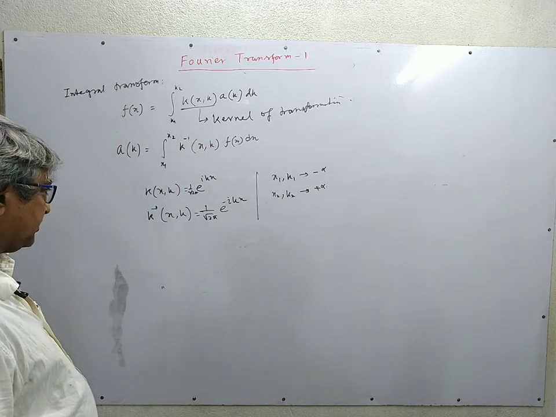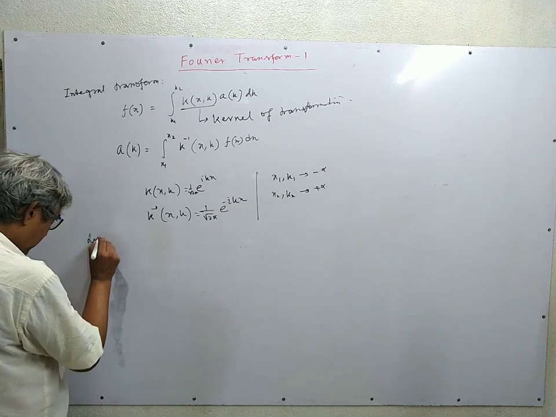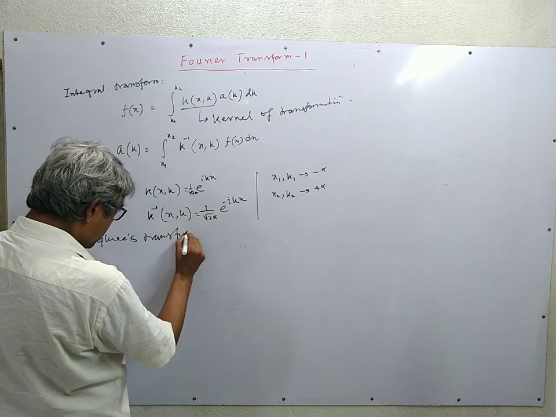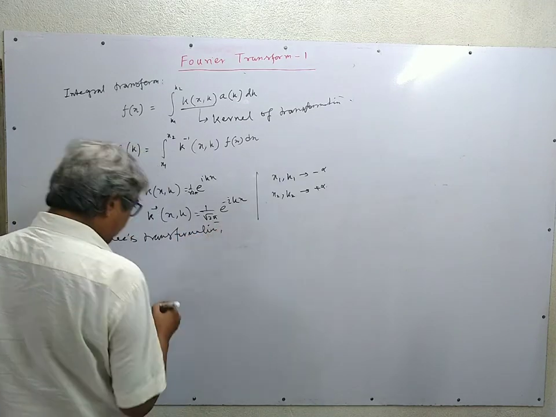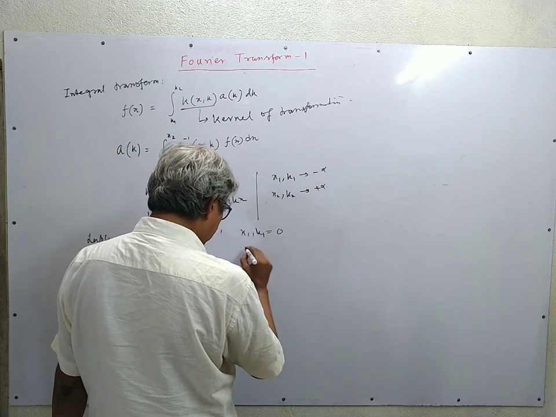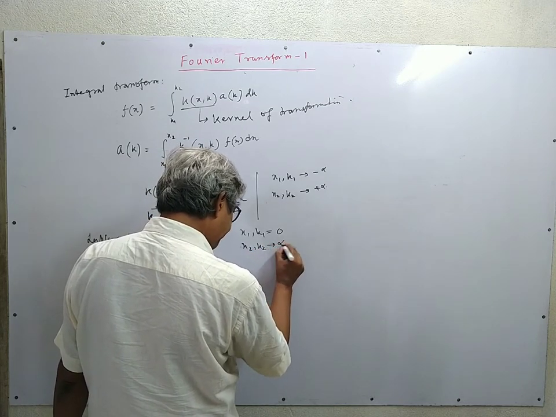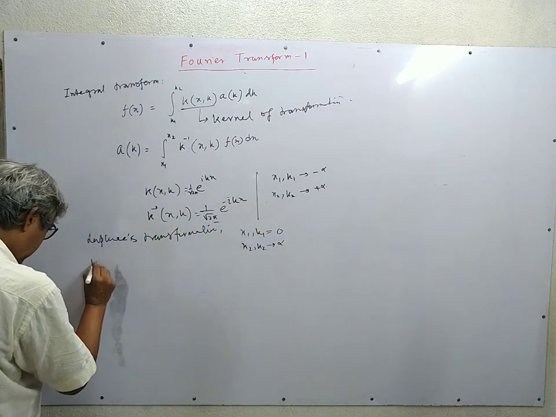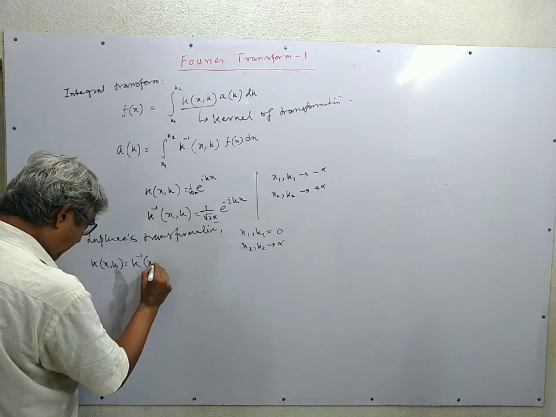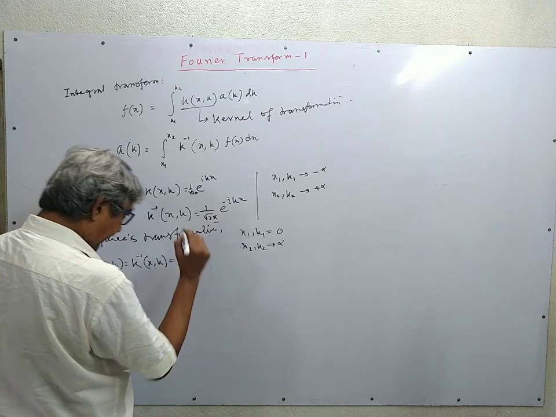There are other transformations, as for example the Laplace transformation, in which case x1, k1 is equal to 0, x2, k2 tends to infinity, and the kernel K of x, k is equal to the inverse kernel, e to the power minus kx.